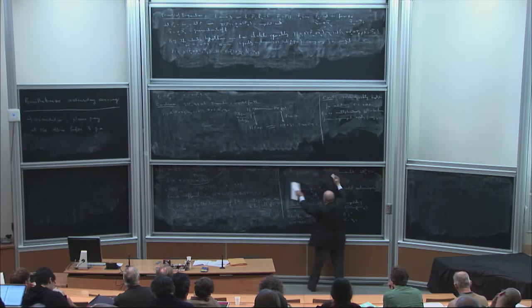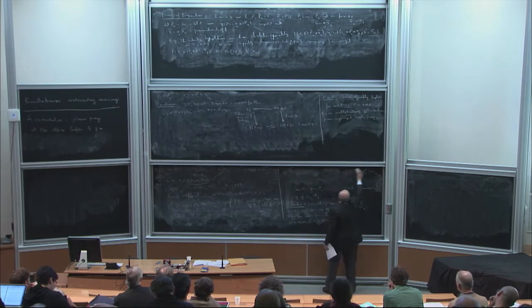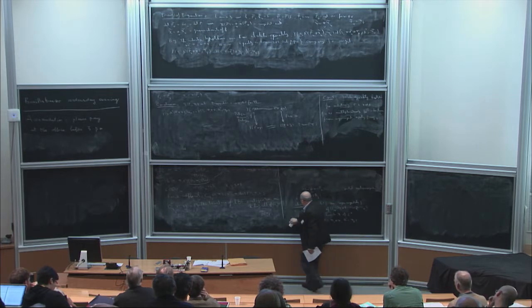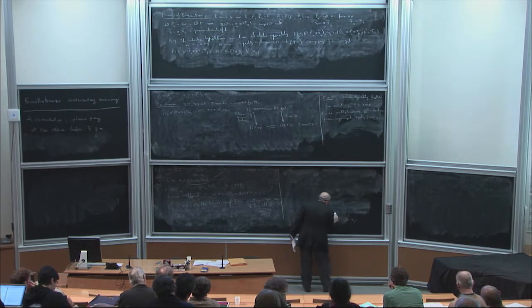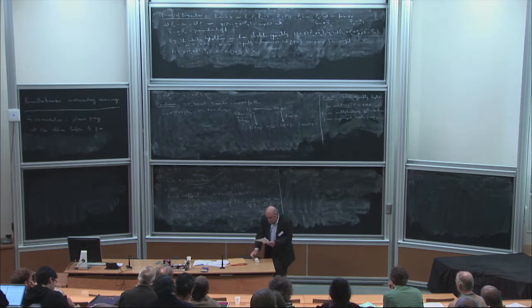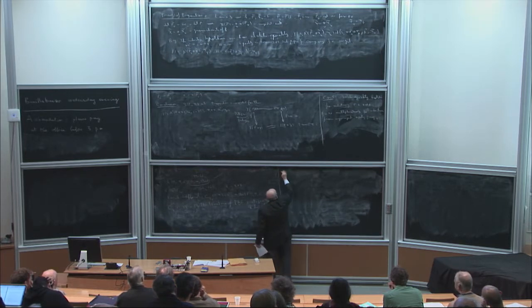So let me write down a little bit of a formula which tells us what this partial Bessel function is. This partial Bessel function, I'm going to write it. First of all, we're going to be dealing with matrix coefficients.